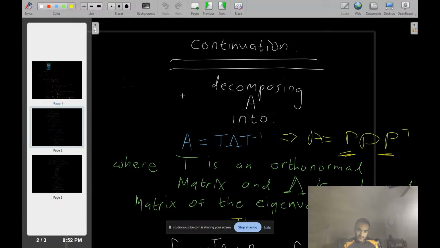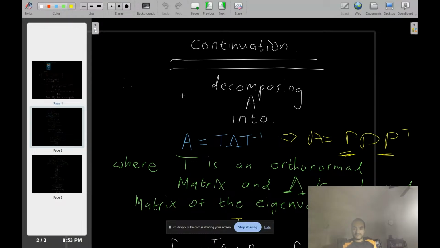You can't use exactly the same variables from the formula here. Here, A is what we're decomposing, so A has to be on the left-hand side. The right-hand side would have to be T lambda T inverse.